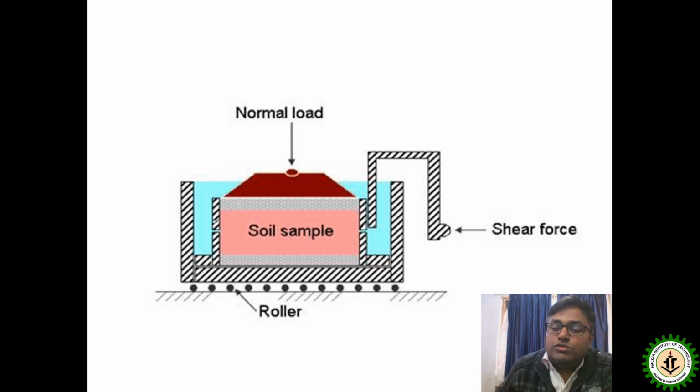Due to the shear strength property, the lower half will try to slide over, so we can find out the shear stress amount. Before the shear stress, we have to apply a normal load on it.